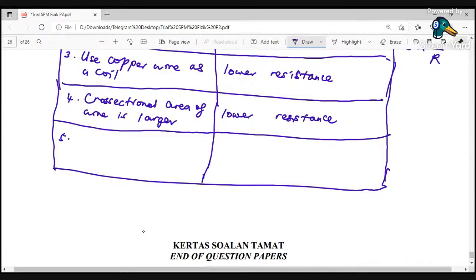If we want to change it to an AC generator, we need to change the commutator to slip rings.